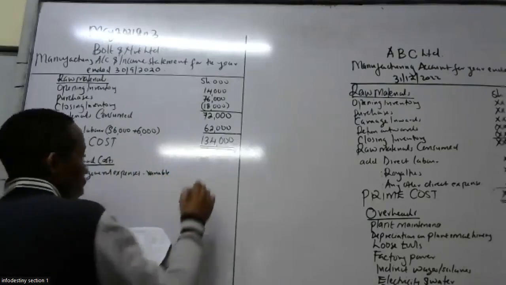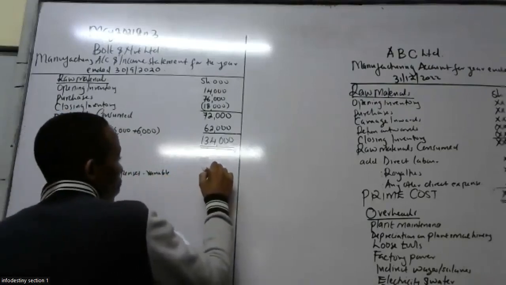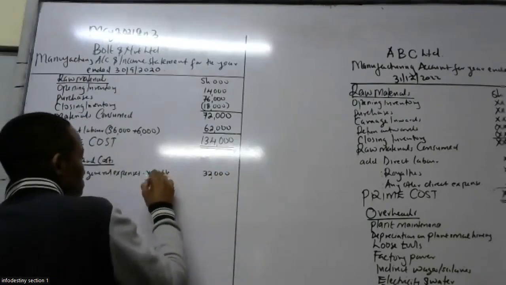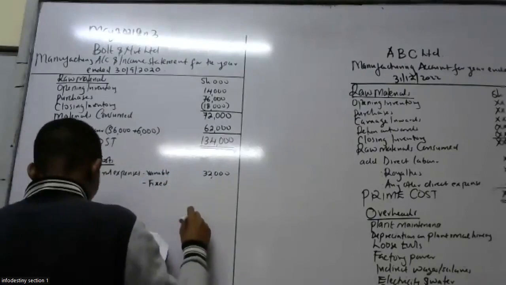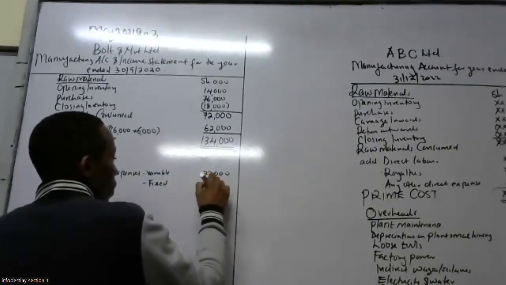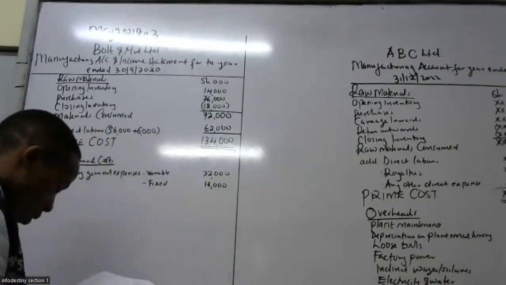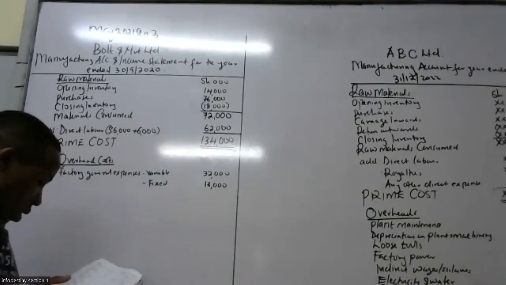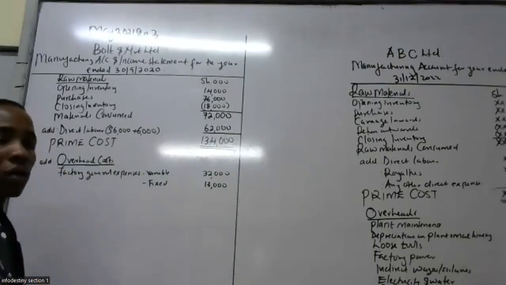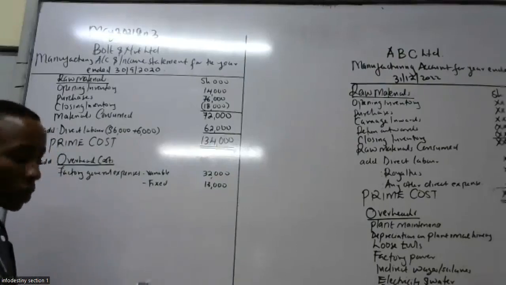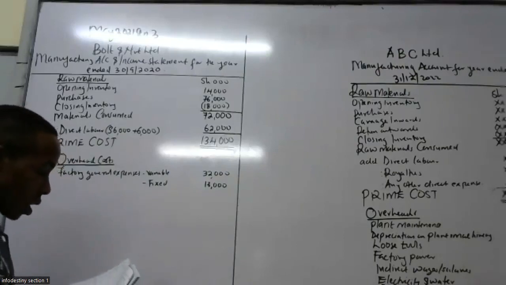Variable, we are given that's 2,000. And fixed 18,000. We are not given any information about proportioning or allocation of the other expenses to this manufacturing account.